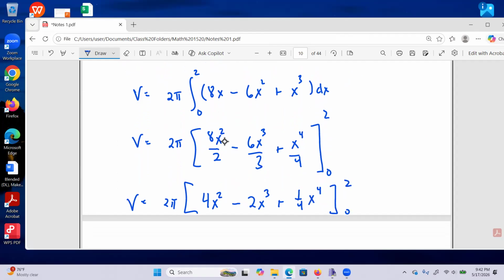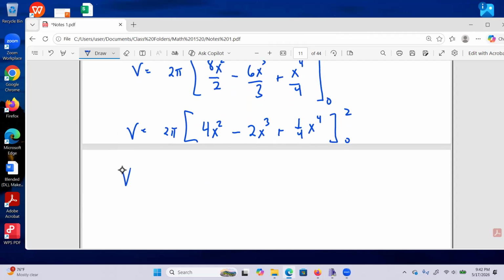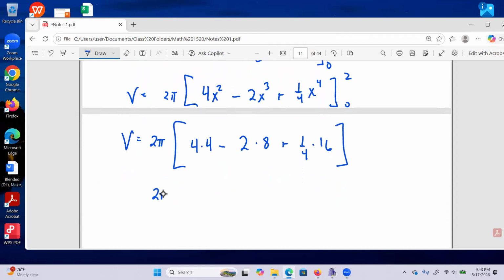Let's piece these parts together. Volume equals 2 pi. 2 squared is 4, so we have 4 times 4, minus 2 times 2 cubed, which is 8, plus 1/4 times 2 to the fourth, which is 16. So we have 2 pi times 16 minus 16 plus 4.